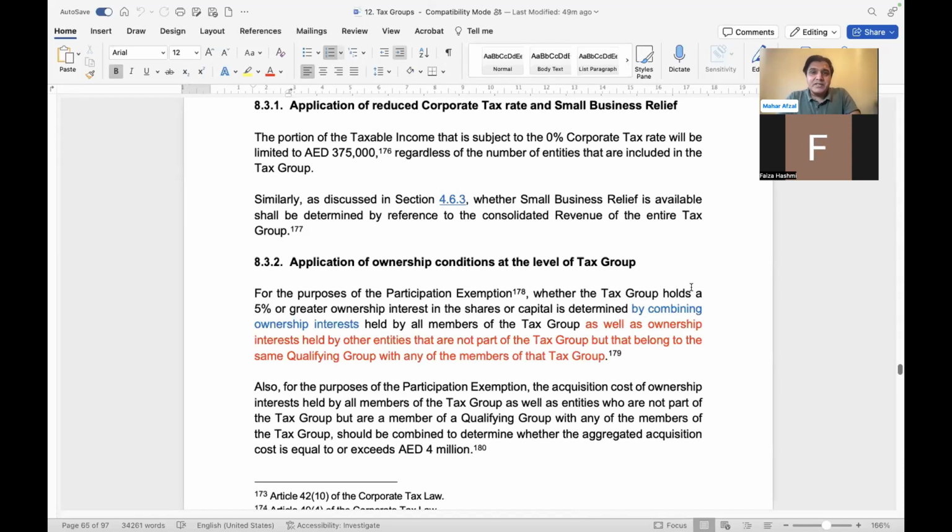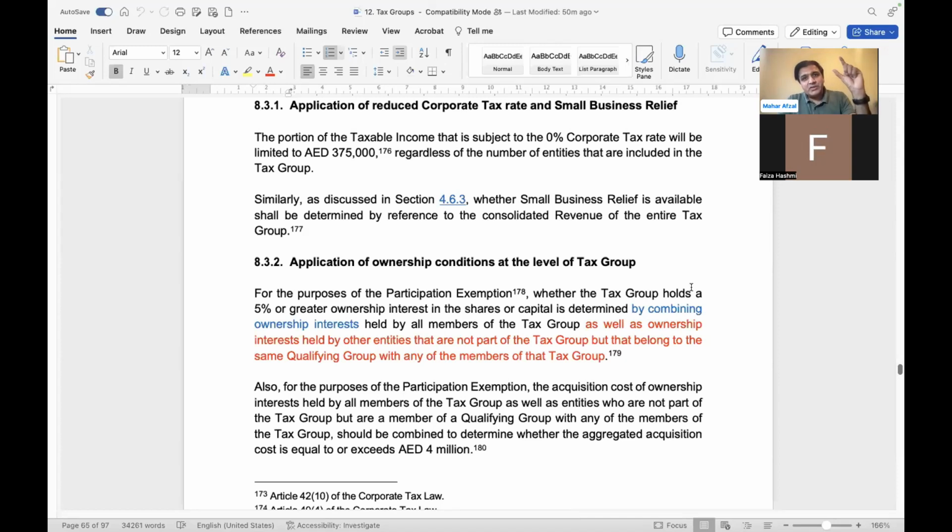If all these conditions are satisfied, then any dividend, any forex gain or loss, any impairment gain, or any sort of capital gain will be exempt from the UAE corporate tax law. If we are getting any dividend from the resident juridical person, it will be straightforwardly exempt. So this is the condition.